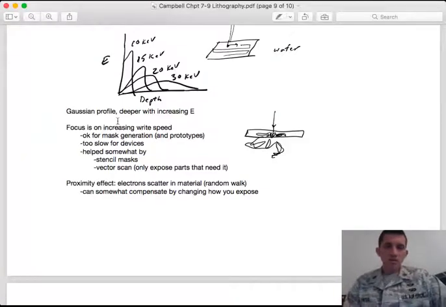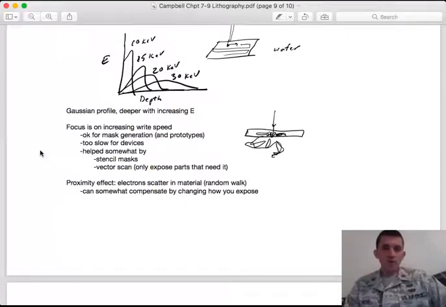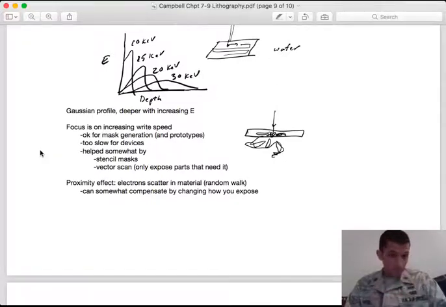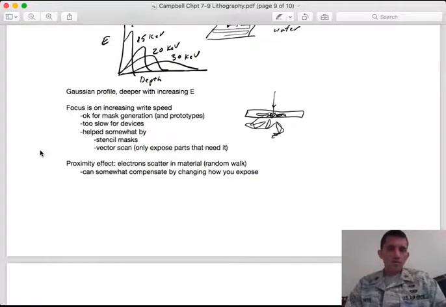Or if I'm making a prototype, just as a proof of concept. But for production, e-beam systems are slow because they're not parallelized. It might take an hour to make one wafer as opposed to a few seconds of exposure with a UV system. So it's too slow to be economic for devices.